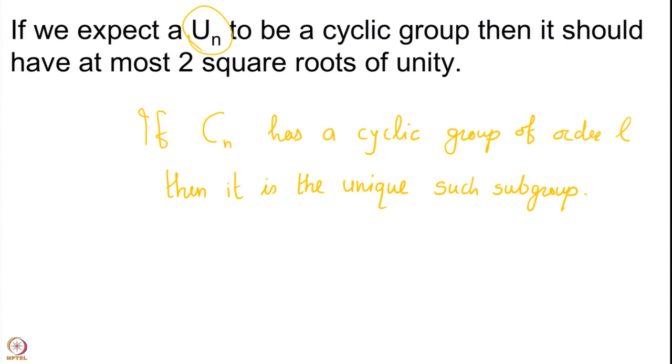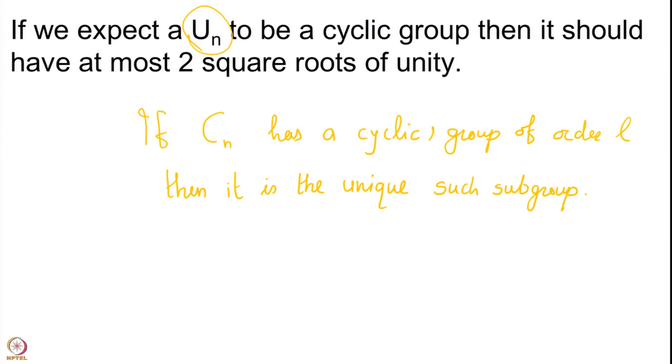Meaning, if I take a cyclic group of order n, here that was Cn, then first of all for every divisor of n there is a cyclic subgroup of that order. But suppose we have a cyclic subgroup of Cn of order L, then there is only one such subgroup.